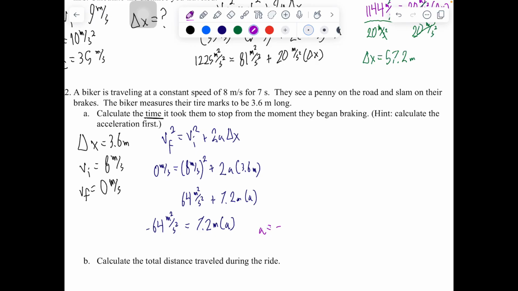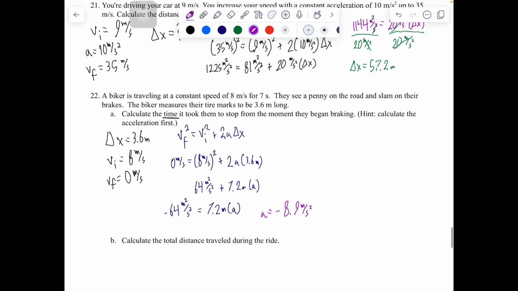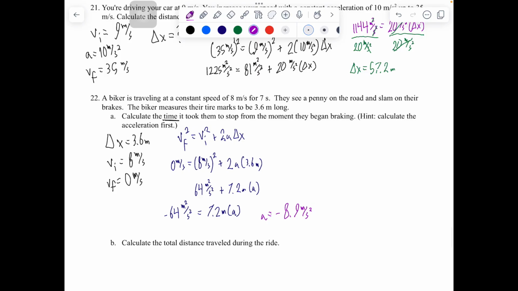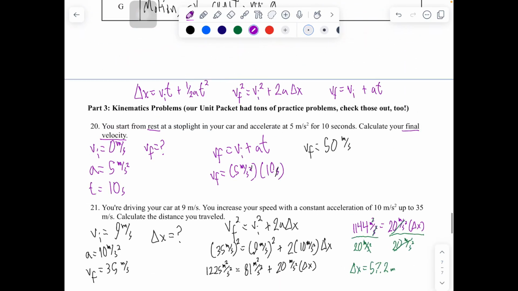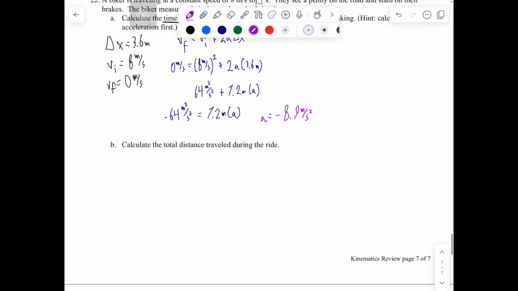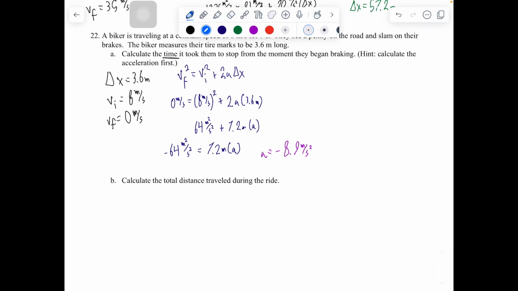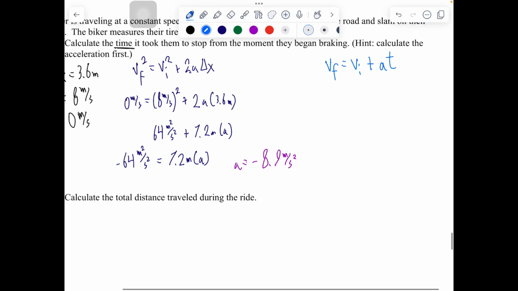We get a negative acceleration. And now that we have the acceleration, we can pick an equation to solve for our time. There are multiple options, but the easiest one is going to be the equation we have on the right. And that is final velocity equals initial plus acceleration times time. Plug in.